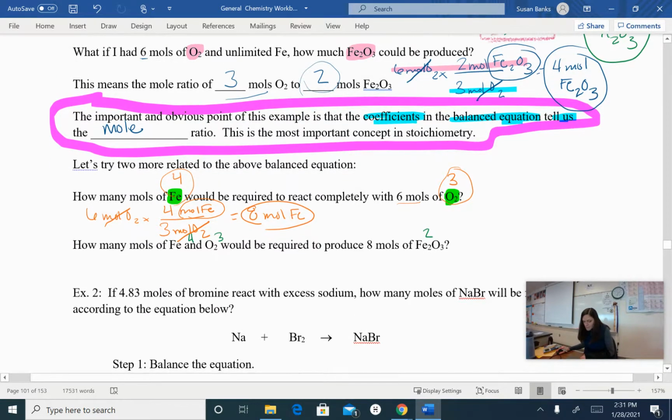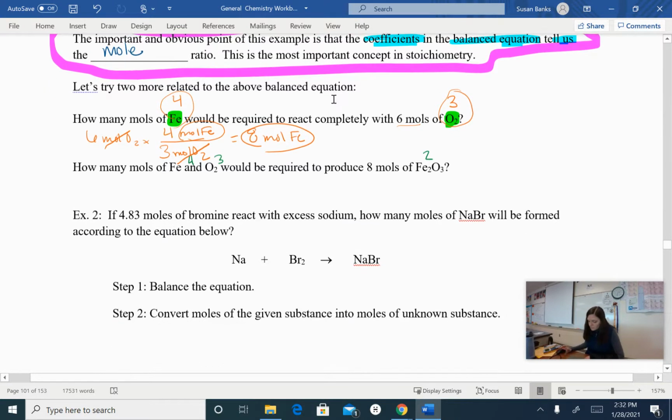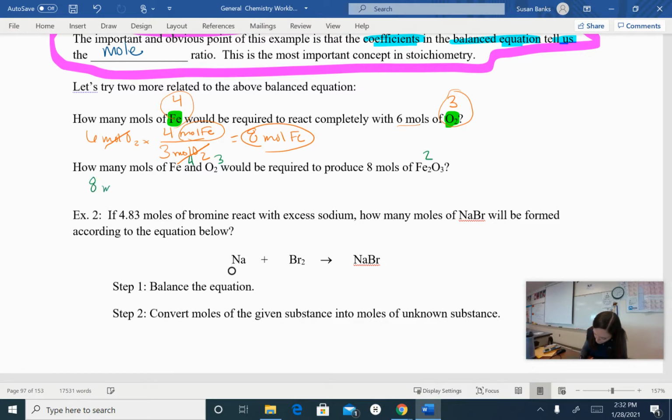Okay? So I'm going to look at the relationship between iron and the iron 3 oxide first. Okay? So here we go. I've got 8 moles of the iron 3 oxide. And I want to know moles of iron.